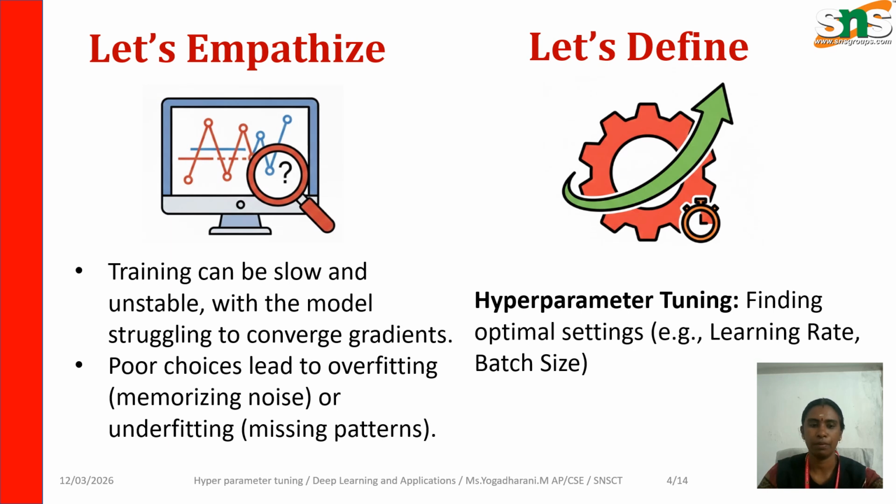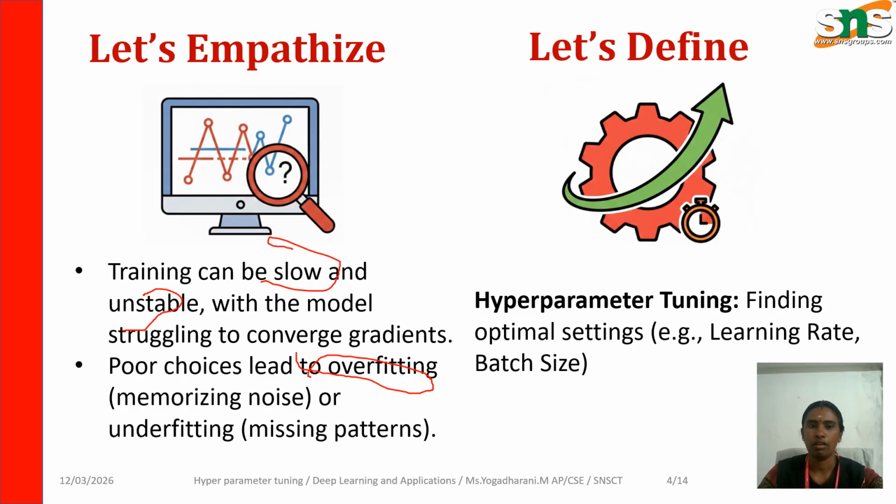In the empathy part, the pain points of the problem are slow training, unstable gradients, and overfitting or underfitting. Hyperparameter tuning is selecting the best values for parameters like learning rate, batch size, and weight bias.